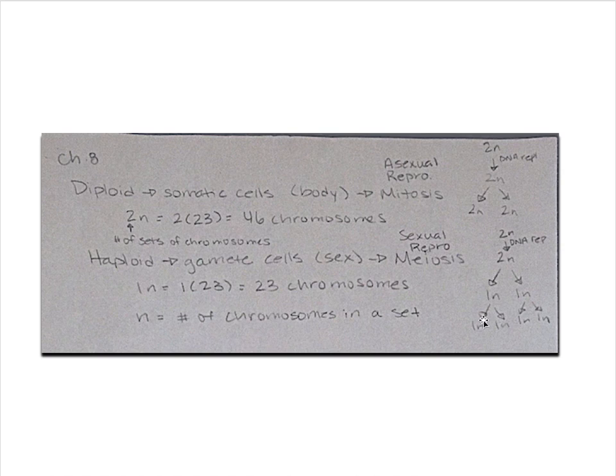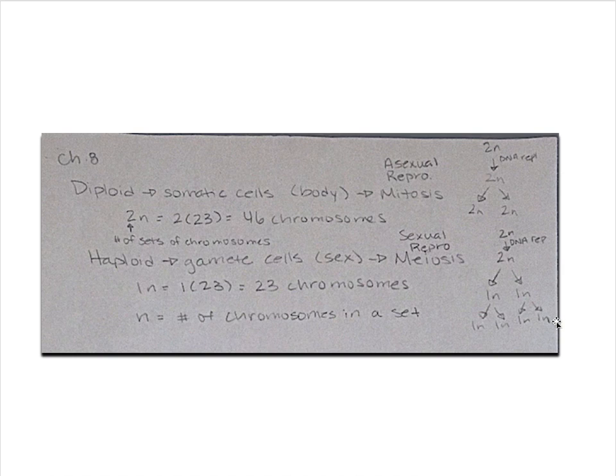So this daughter cell will produce 2 daughter cells that will still be haploid cells, but the DNA is the correct amount. This daughter cell will undergo meiosis 2 and still be haploids with 23 chromosomes each. And then the amount of DNA is correct.